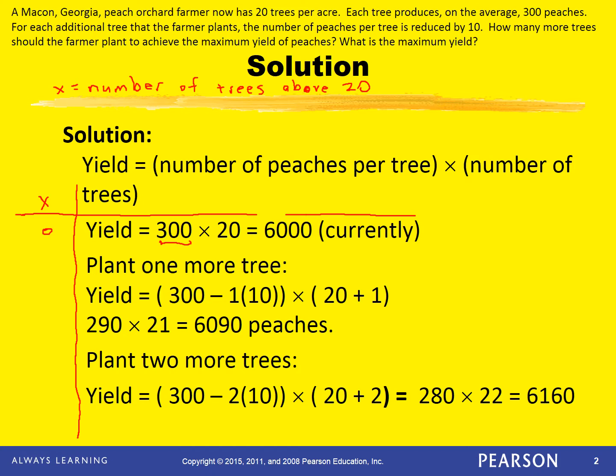So we weren't subtracting anything from the 300, we weren't adding anything to the 20. So 300 minus 0 times 10, times 20 plus 0 is what I'm talking about.